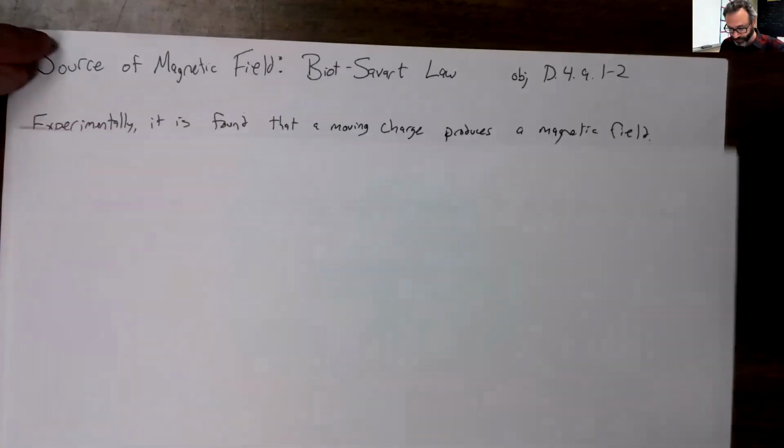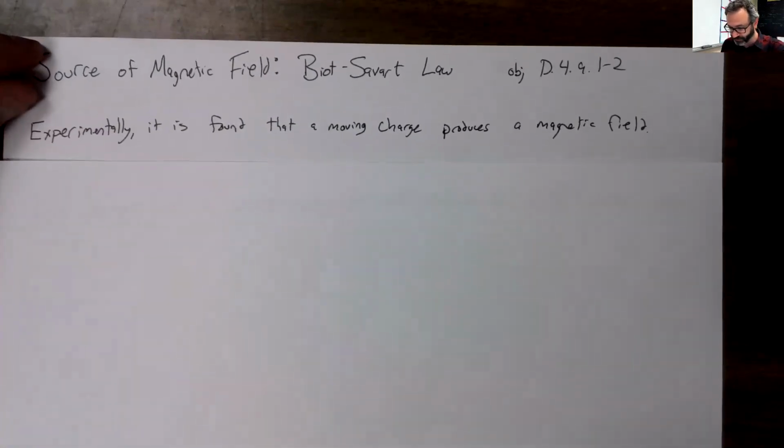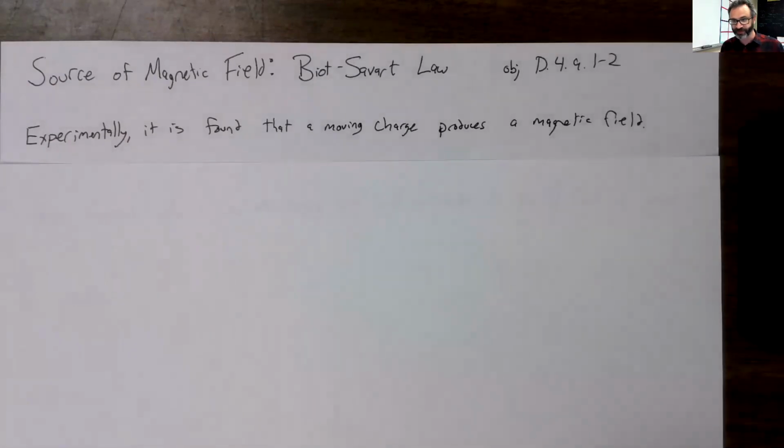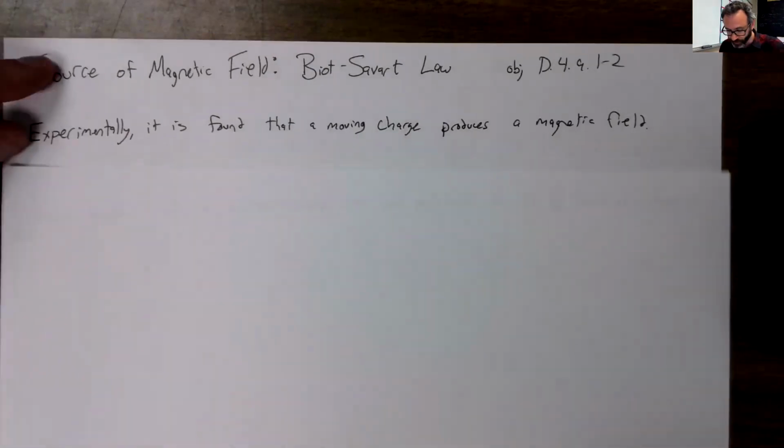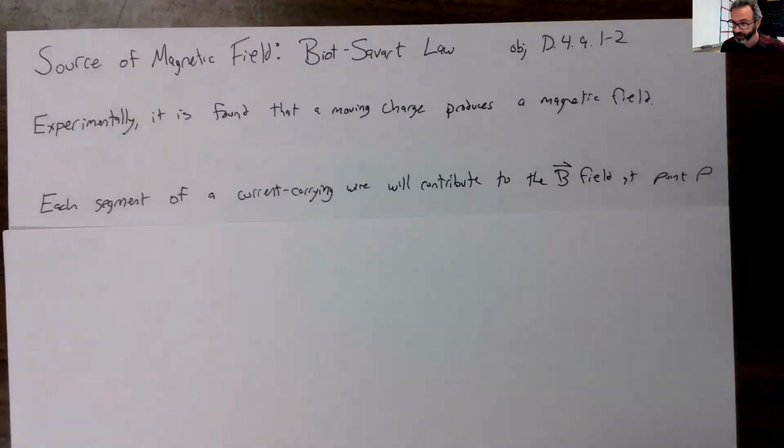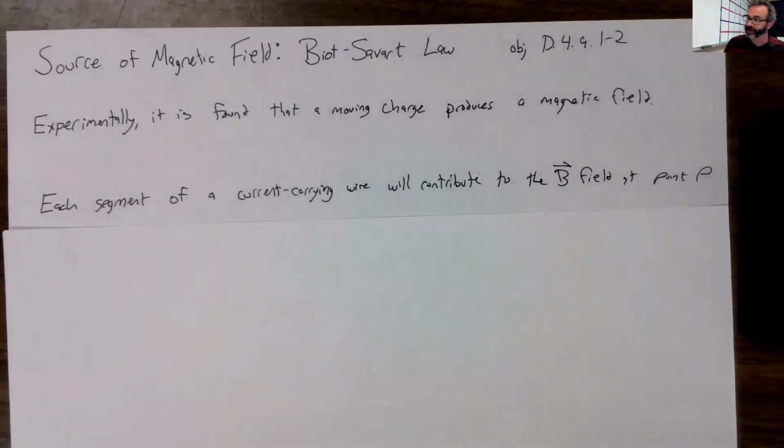So let's see. We start by saying this is all found experimentally, right? Physicists have done many experiments and found that whenever we have a moving charge, a magnetic field is produced. And the law that we're going to write down and come up with today is based on all of these experiments. So if we have a current carrying wire, and the wire can be in any shape.